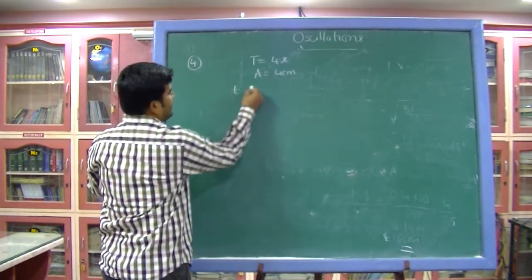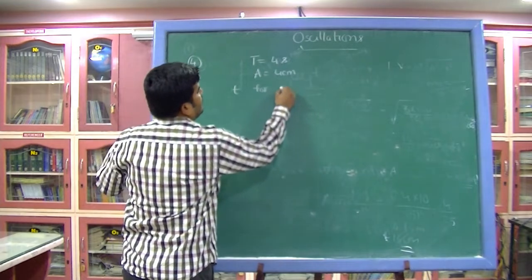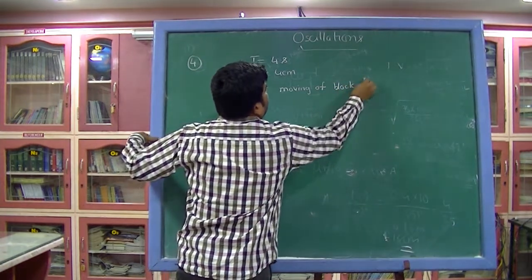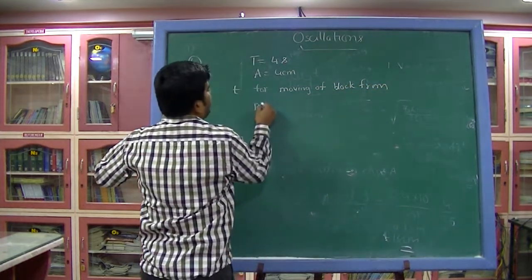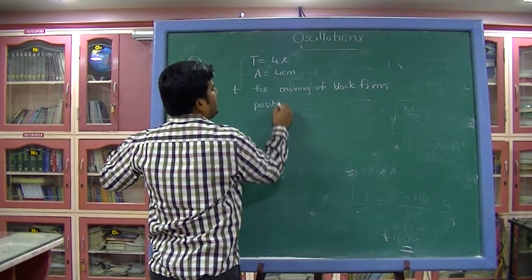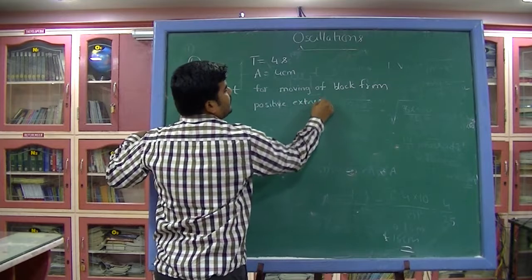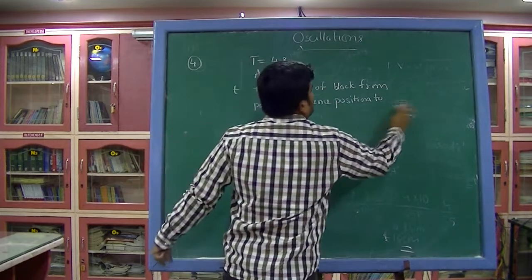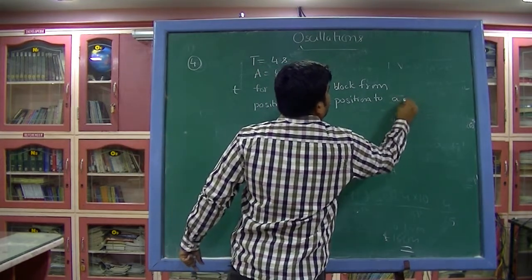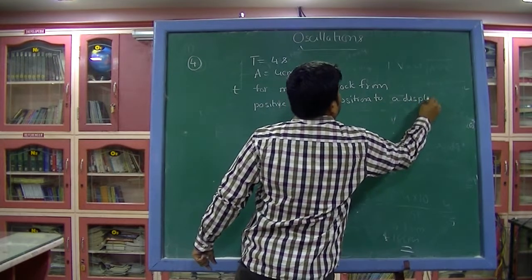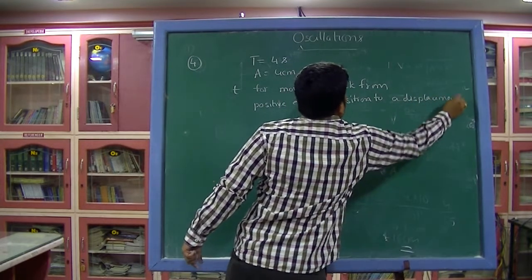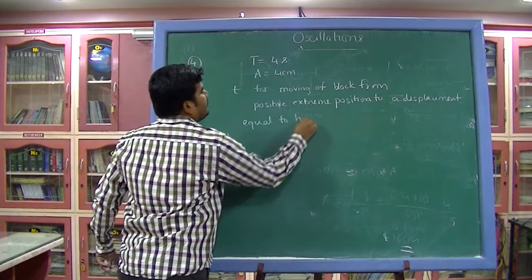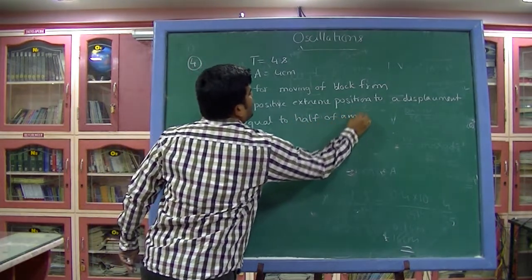So, you have to calculate the time value for moving of the block from positive extreme position, remember positive extreme position, to a displacement equal to half of amplitude. So, this is the problem.